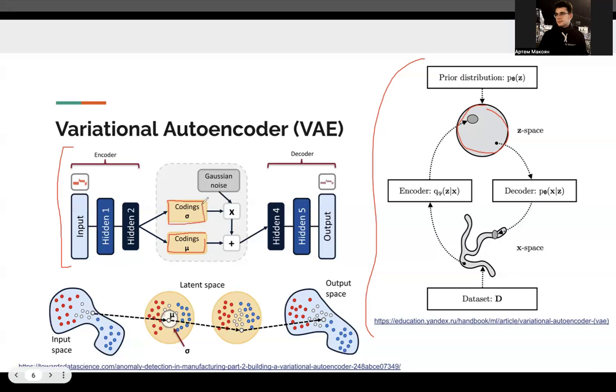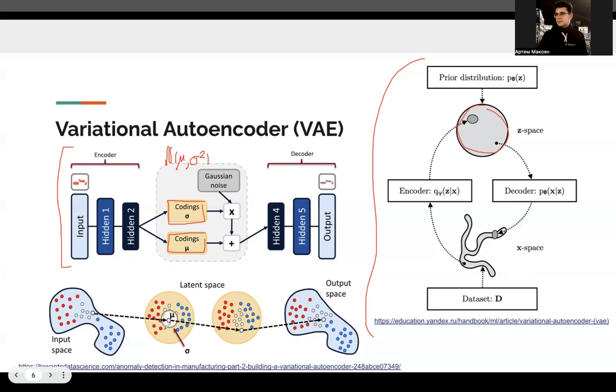When we obtain mu and sigma, we generate a sample from a normal distribution with these parameters. We can do this easily. For example, the Torch and NumPy libraries provide us with these functions to generate it, and then we decode this noise into an output.